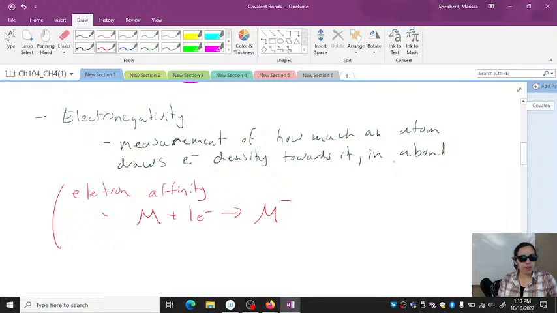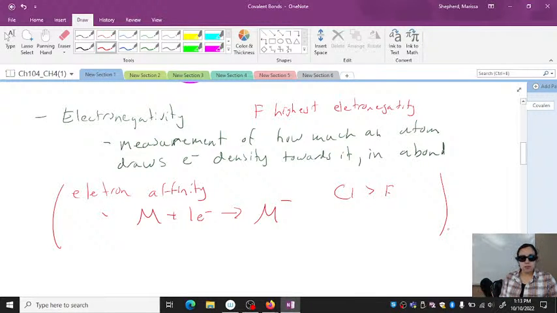And so the only funny thing is with electronegativity, fluorine has the highest electronegativity. So it always pulls the electrons towards it. But in electron affinity, chlorine has a greater electron affinity.